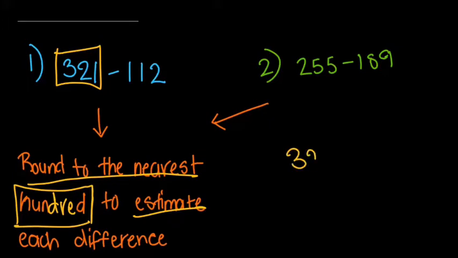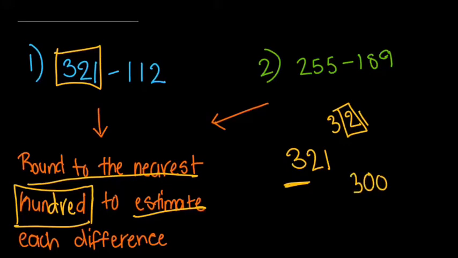So let's write it right over here, 321. Our hundreds place is the 3. We have to round to the nearest hundred, and to do that we look at the tens place. The tens digit is closer to 0 than it is to 10, so this would be 300 if we round it.